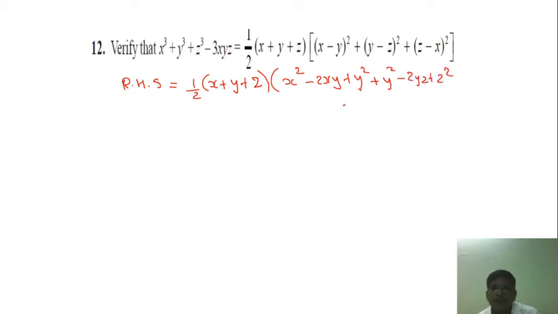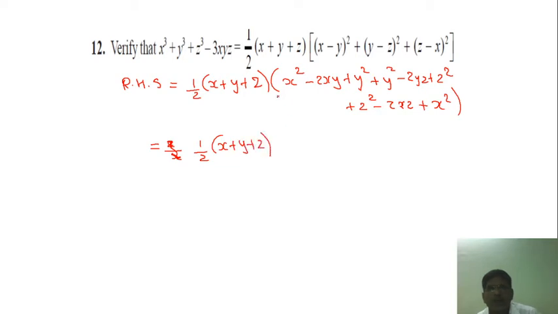In the third, plus z square minus 2zx plus x square. So the first 3 terms here, 1, 2, 3, 4, 5, 6, 7, 8, 9, 9 terms are there. So here 1 upon 2, x plus y plus z.